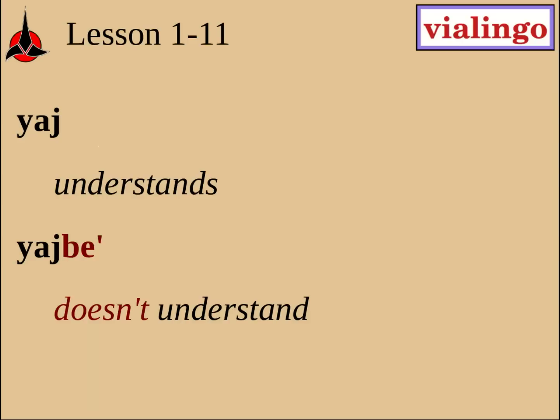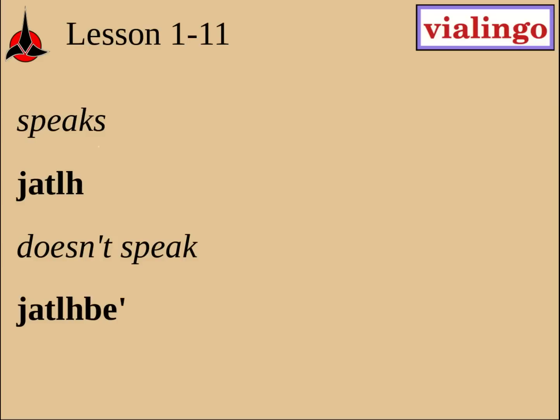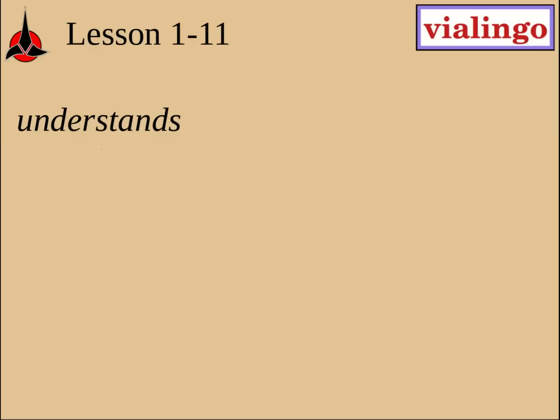In Klingon, doesn't speak is translated by a single word, and so is doesn't understand. How do you say speaks? Doesn't speak? Understands?